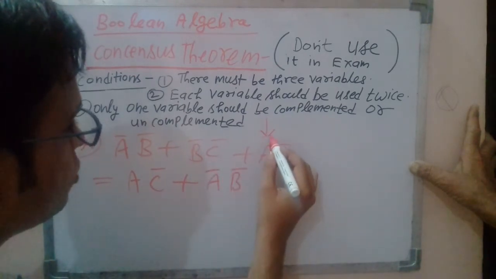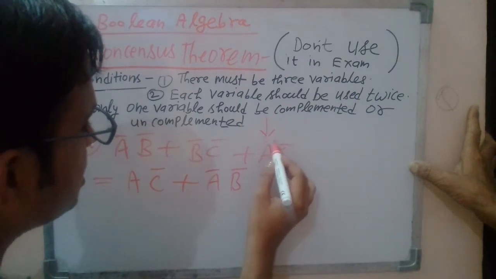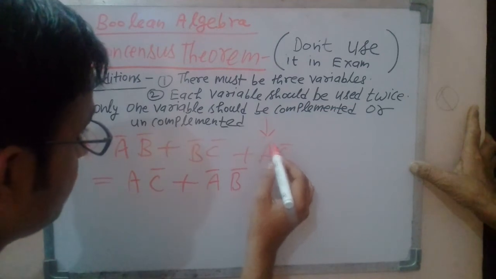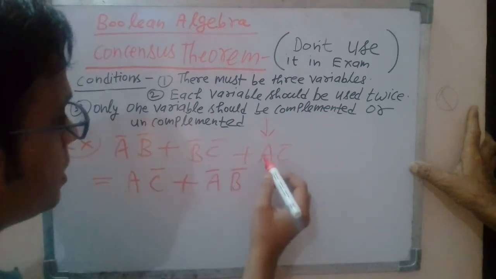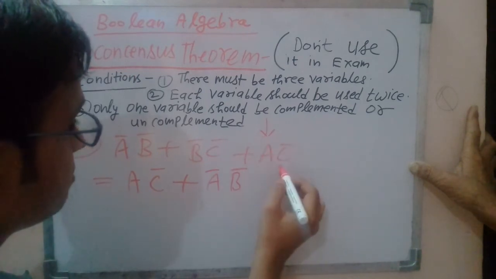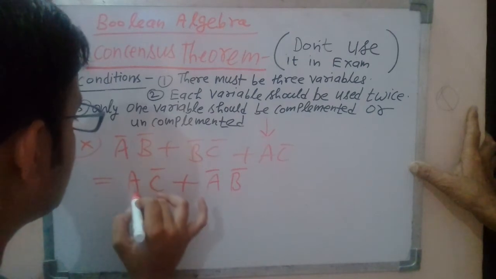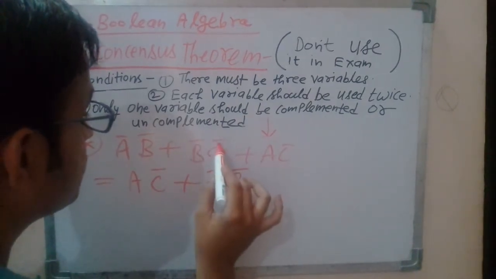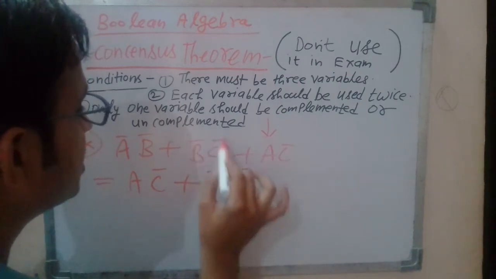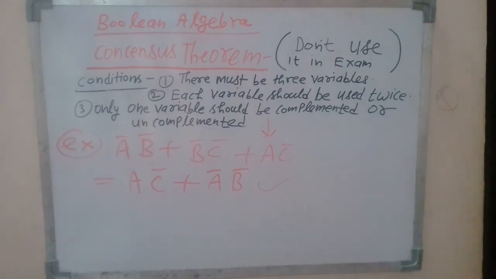So basically you have to check A. A is the unique term, because it is available in uncomplemented form. Rest all are complemented: C bar, B bar, B bar, A bar, right? So the related term of AC bar is A bar B bar, because A is available here also. You should not write B bar C bar, because no A is available in this term. So the answer is AC bar plus A bar B bar, right?